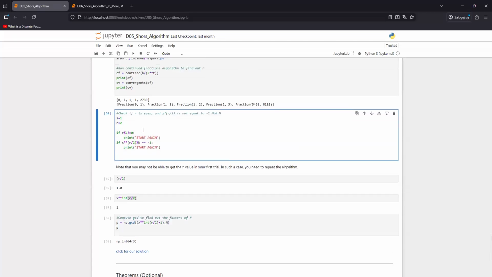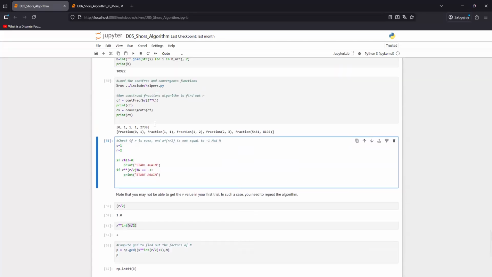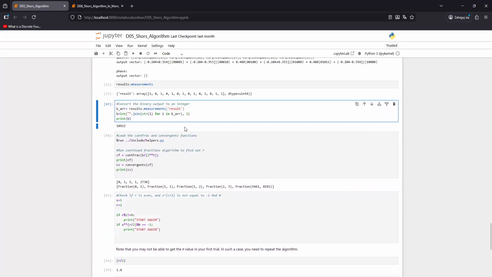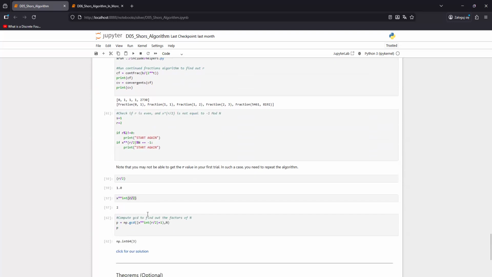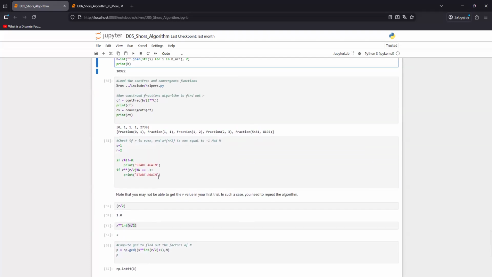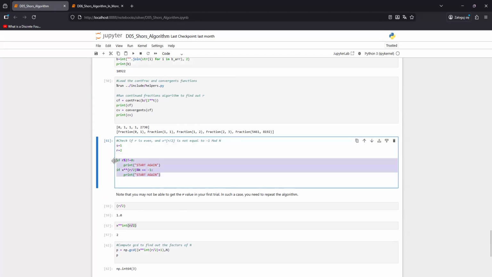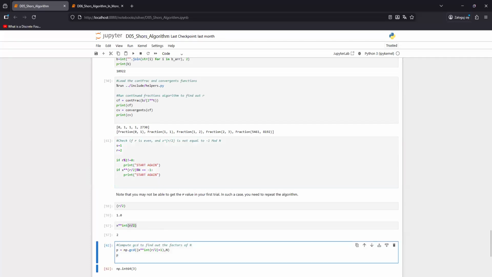But since measuring the state is closer to the end of the whole algorithm, you won't lose much. You will do the continued fraction algorithm to calculate the convergent, check whether your R is suitable, whether it meets those two criteria, and then you get an incorrect answer.